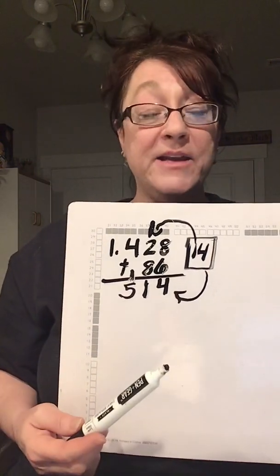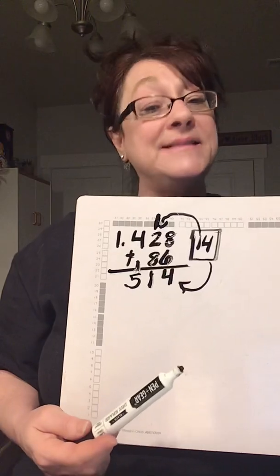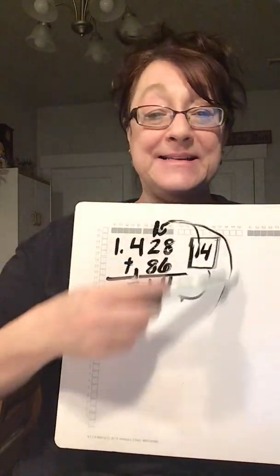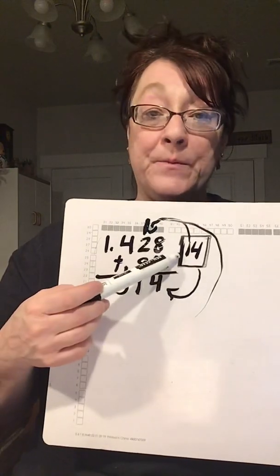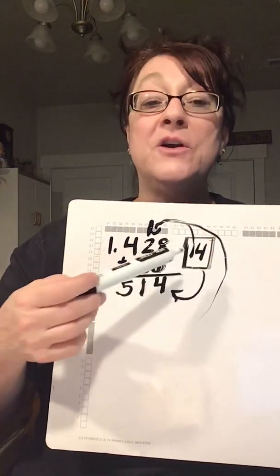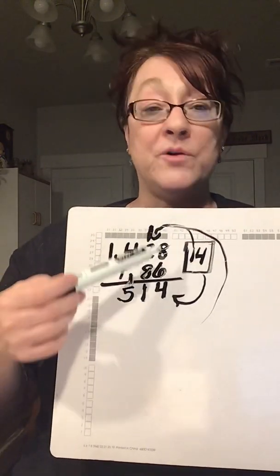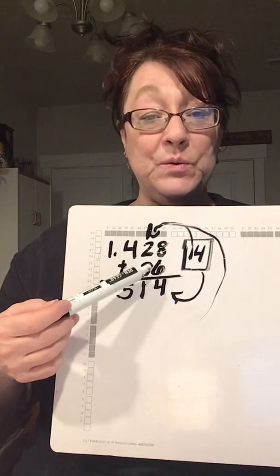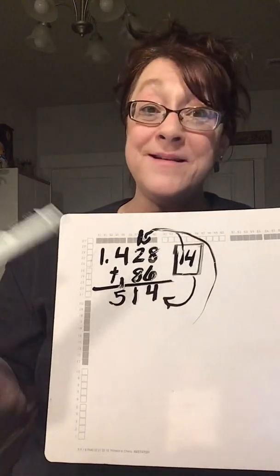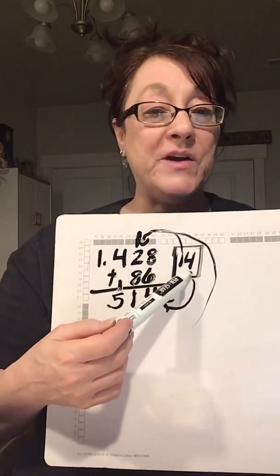So this is what you're going to be doing on 2 pages. The first page has 6 problems. The second one has 6 problems. And you are going to be doing this exact same thing. Now remember, it's really good to put the box here, do our little trick of deciding, do I have more than 9? If it's more than 9, which would give us a 10, then that's when you put the number over here.